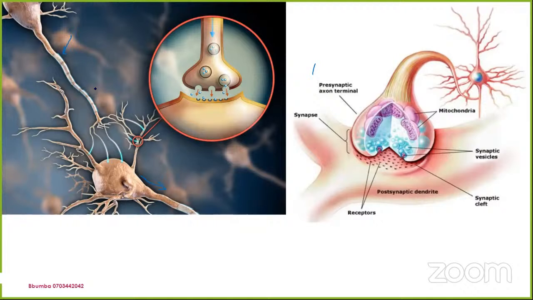Because if it was directly connected, the impulse would be so strong that whichever thing touches you, you just get scared. You would be scared all the time. But when the impulse travels along this nerve cell, a chemical called a neurotransmitter is secreted in that space. That chemical makes the other cell generate its own impulse.